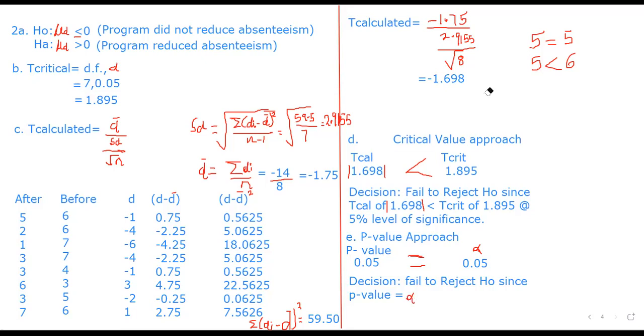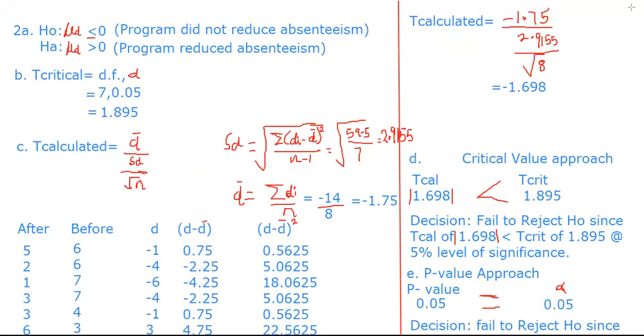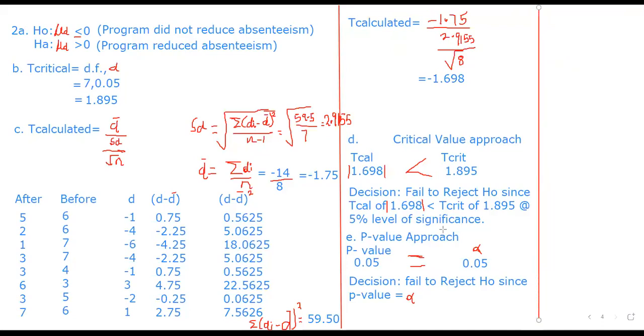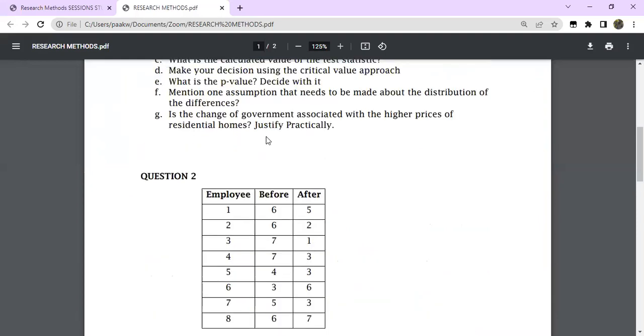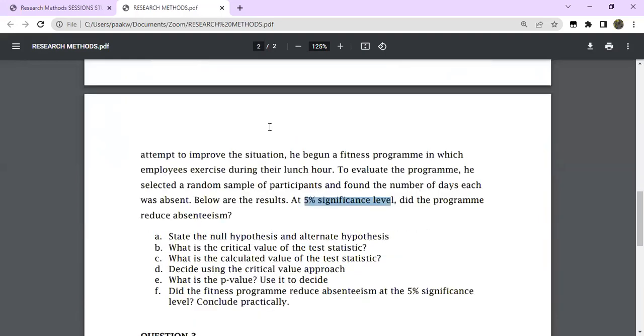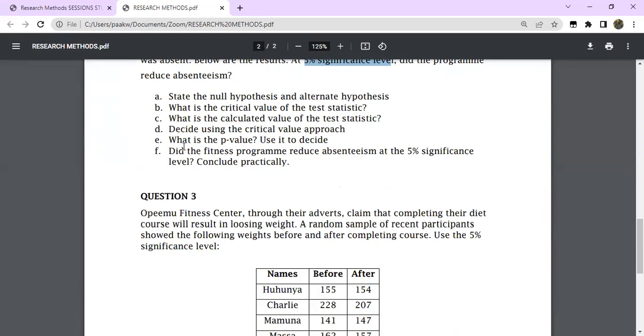Okay, then the last one will come. What's the last question here? We are done with the F. Did the fitness program reduce absenteeism at 5%?